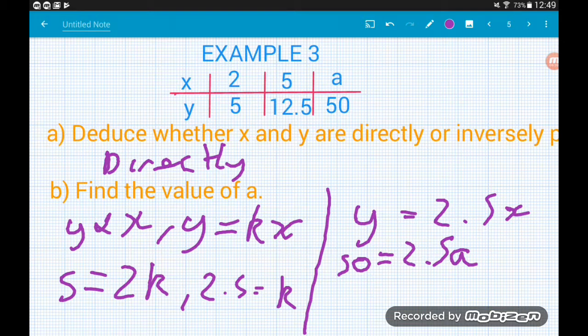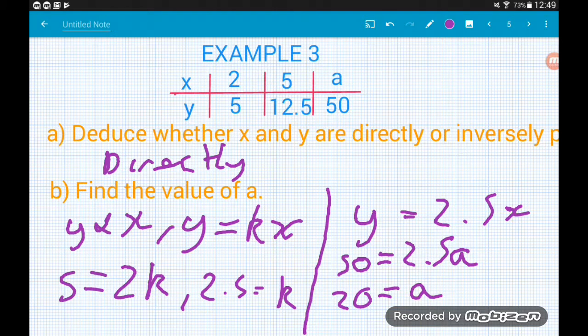And then as our last step, we just want to divide both sides here by 2.5. Now 50 divided by 2.5 gives us 20. So we would get 20 is equal to a. So that's our value of a.